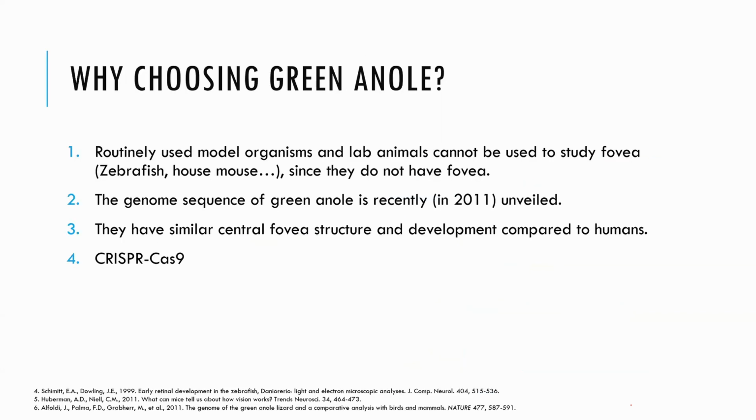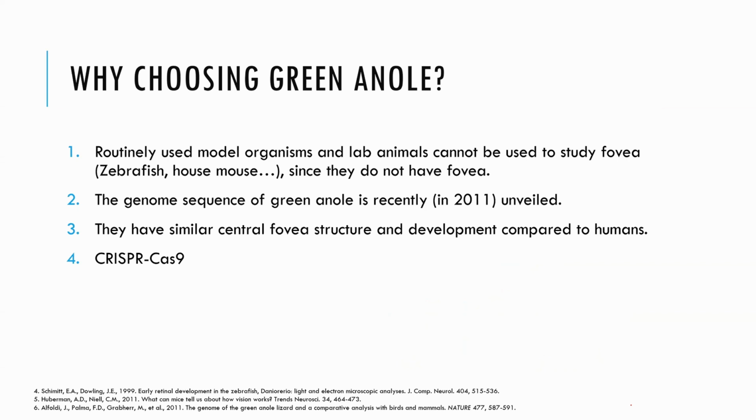So there are several reasons I chose green anole as the model organism to study. The first one is a lot of previous eye studies were done on animals such as mice and zebrafish. However, these model organisms do not have a fovea.